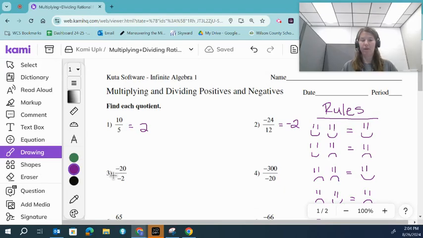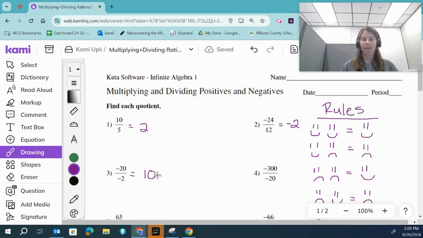Number 3, we have a negative divided by a negative. A bad thing happens to a bad person. That is a good thing, so it is going to be a positive solution. 20 divided by 2 is 10, so I get positive 10. Negative 20 divided by negative 2 is positive 10.